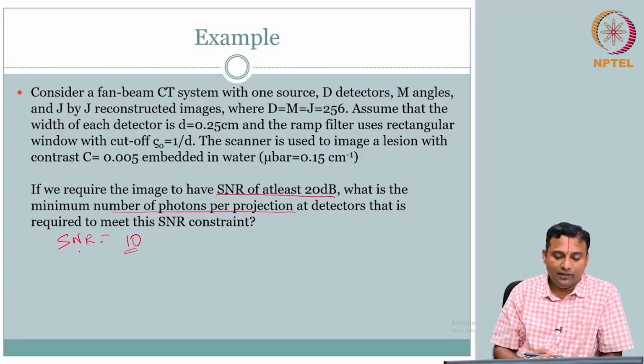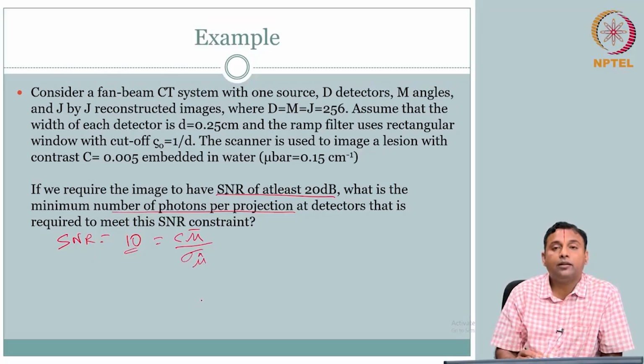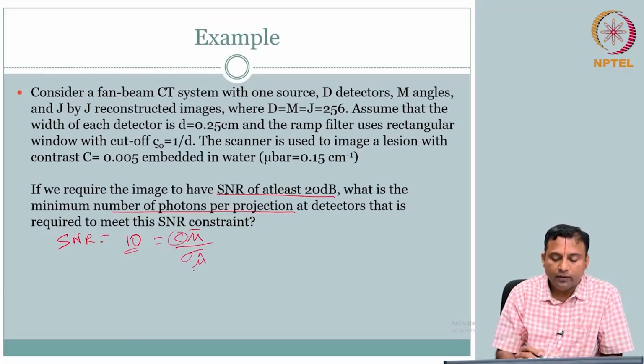Then of course this SNR is what? By your formula, you had C times mu bar by sigma of mu hat. This is the definition. So I have my C that is given. I have my mu bar that is given.